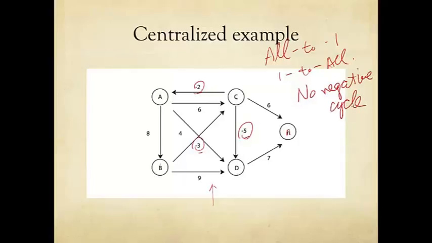A cycle is a concatenation of links that ends up where it started. For example, C to A to B to C is a cycle. It's a concatenation of 3 links, and then you end up where you started. The total cycle weight is -2 plus 8 plus 4, which gives you 10, a positive number. So as long as you don't have a cycle with total negative weight, it's okay.